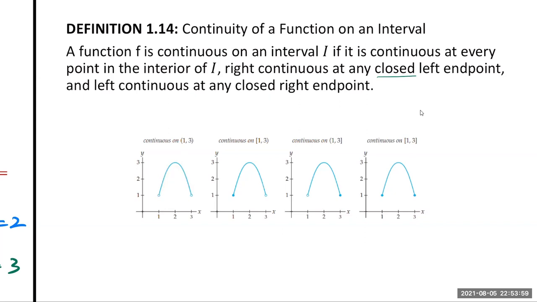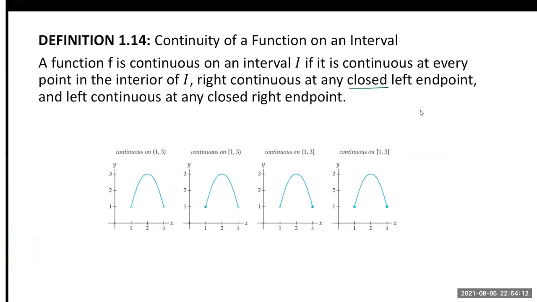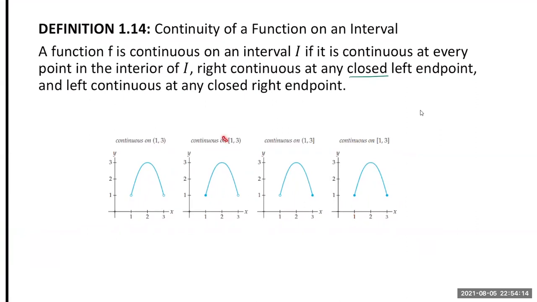Here is an example of a function which is continuous in this open interval. And then here is an example where your function is continuous in this interval. As you can see, here you have a closed left endpoint because this 1 is included in the interval, right? But 3 is not included.